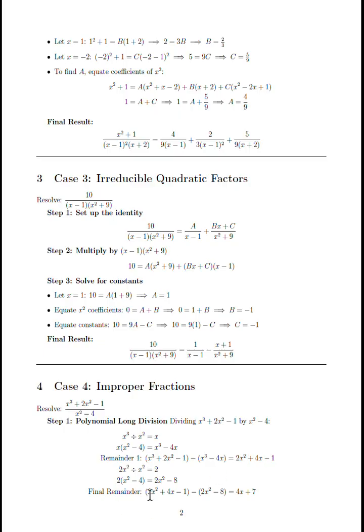So that will be 2x squared plus 4x minus 1 minus this 2x squared minus 8 will have 4x plus 7. Now our new fraction is x plus 2 plus 4x plus 7 over x squared minus 4.